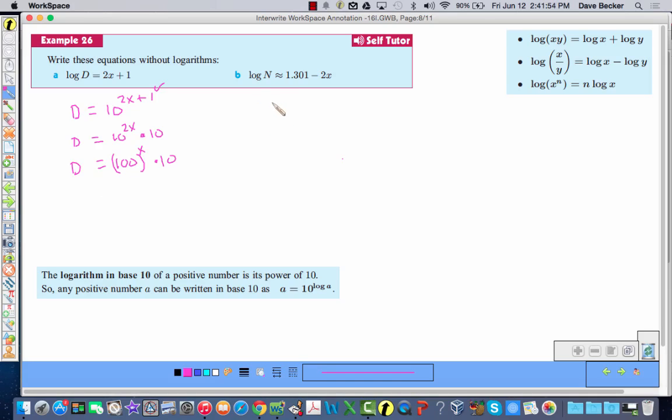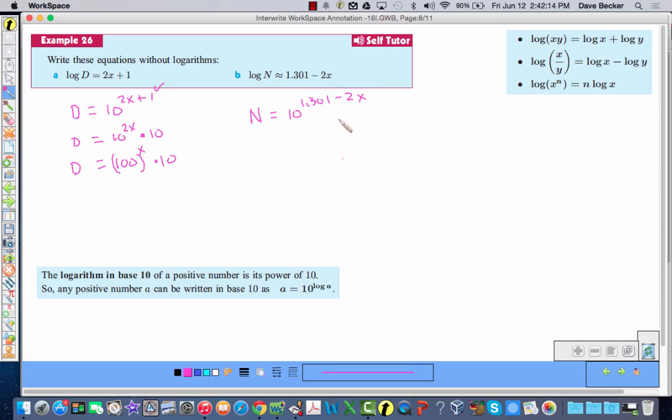So now log n we have here is approximately equal to 1.301 minus 2x. So by the same logic, I can say that n is equal to 10 to the 1.301 minus 2x. Say yes.